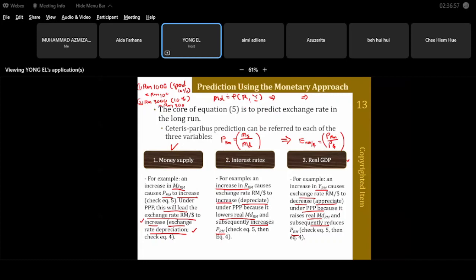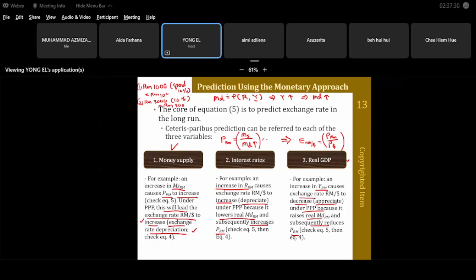So in this case, when Y increases, money demand also increases, right? From this understanding, we can use these equations again. Money demand increases when income increases. This ratio will become smaller, or bigger?